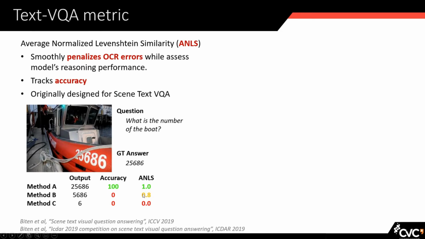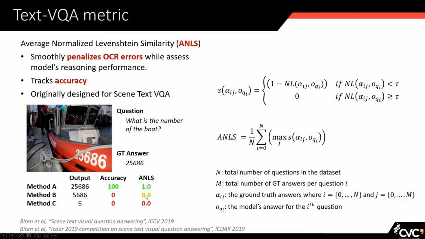So you are penalized for each character that you answer wrong. I don't want to go into the details, but at the end, there is a threshold, which is usually set at 0.5, which means that if the similarity is below this threshold, it's because the method didn't reason properly.